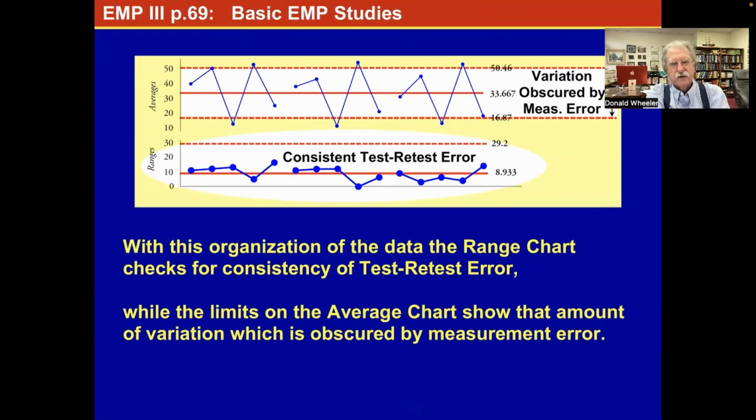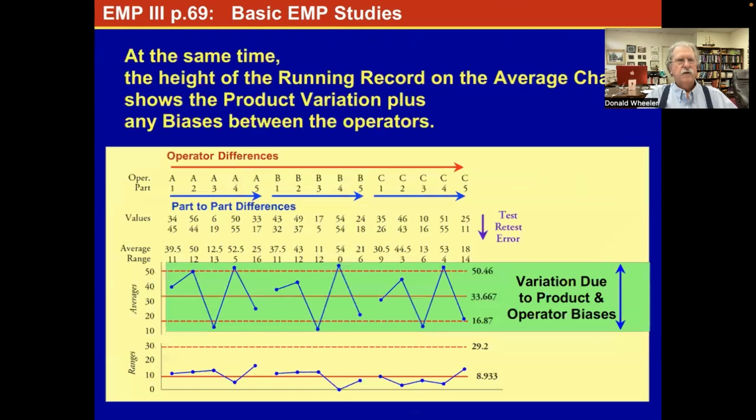That means the limits on the average chart will show that amount of variation, which is obscured by measurement error. At the same time, the height of the running record on the average chart shows the product variation plus any biases between the operators.